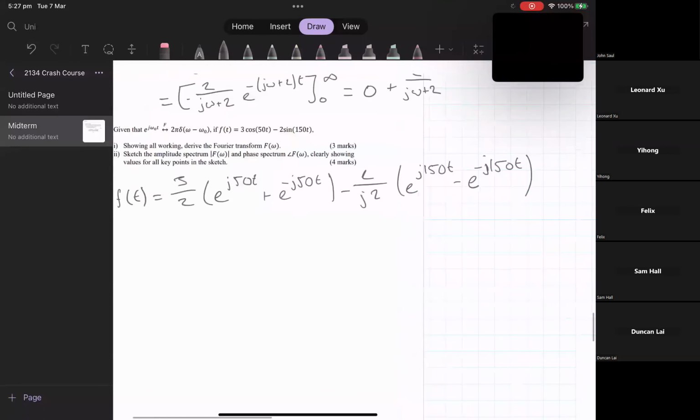Is everybody familiar with these Euler's formulas for the cosine and sine? Yep, I'll take that as a yes.